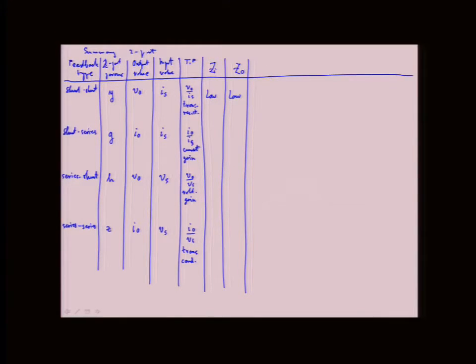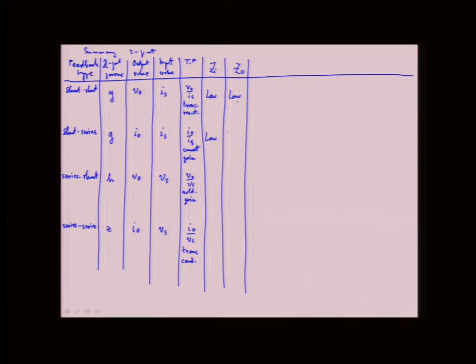So if you look at the input values, it makes sense, right? At the input, the impedance is low because you want to admit as much current from the previous stage, which is the input value. And the output is low because you're producing voltage, so you want it to be as ideal a voltage source as possible. Right? Okay, so for shunt-series, again, shunt means input is low, but the output is what?